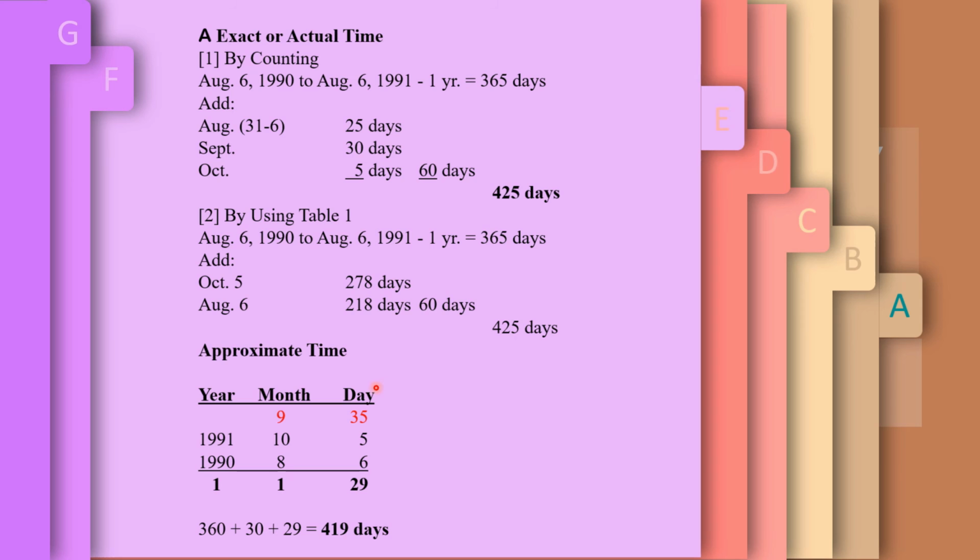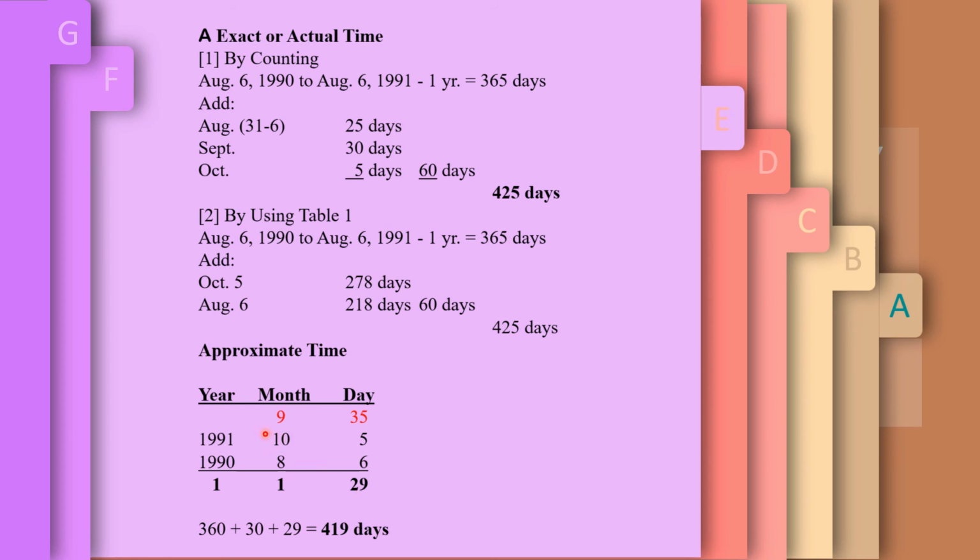So 5 days minus 6 days is not allowed. So we have to borrow 1 month here. And 1 month is equal to 30 days. So we have 30 days plus 5 days, 35 days minus 6 days is equal to 29 days.